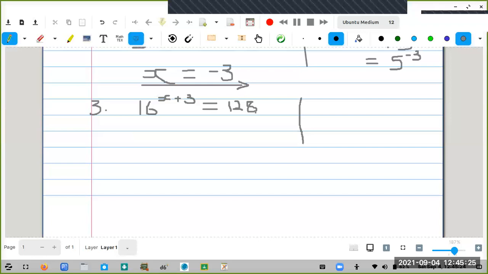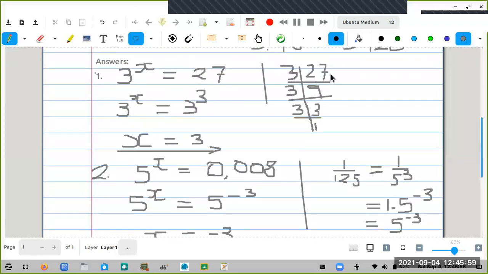So what we can then do there is to express 16 as a product of its prime factors in index form. Then we also express 128 as a product of its prime factors in index form, right? You use factorization. Remember the factorization method that I used on the first one, where we found the factors of 27. So you are going to use that method to find the factors of 16.